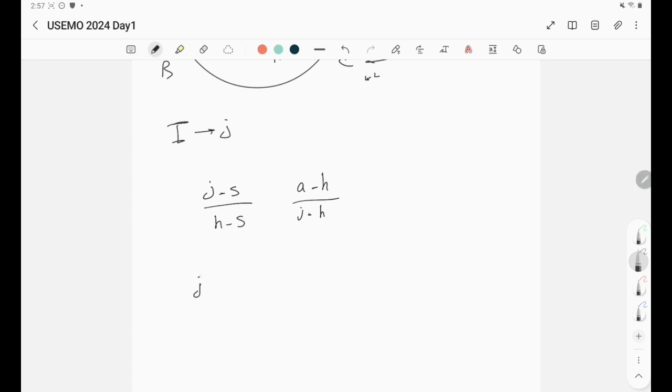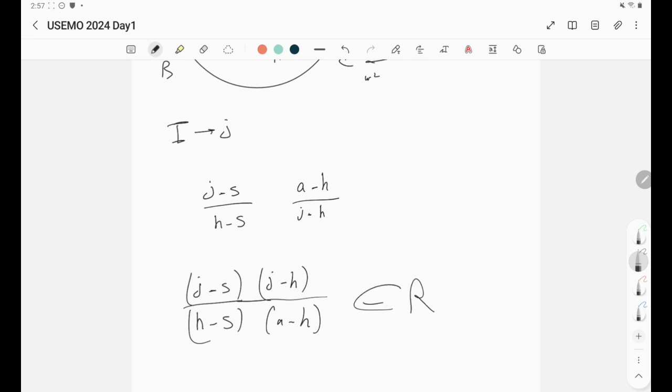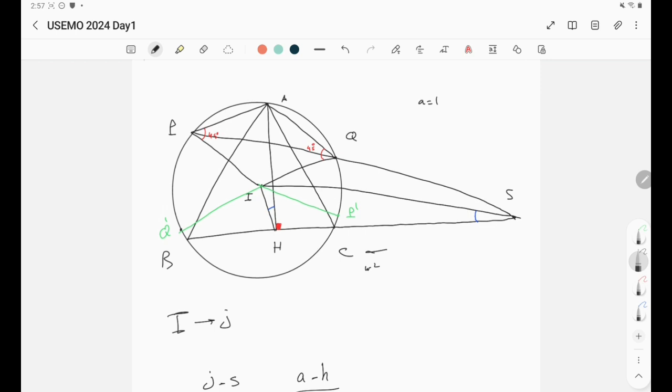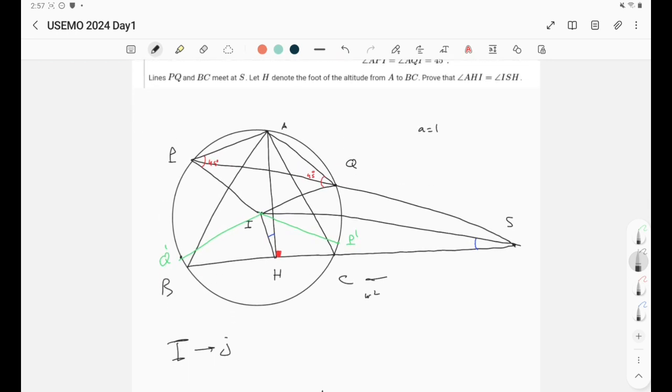Our main plan will be to calculate J minus S divided by H minus S and multiply that, because we're dividing, so we're multiplying by the reciprocal of this. That is J minus H divided by A minus H, and we need to make sure this thing is a real number. Alright, that means we can actually go for a complex coordinate approach. We can find everything using coordinates.